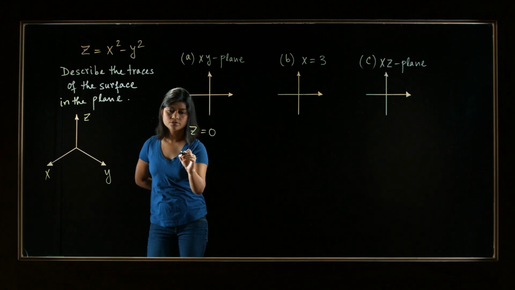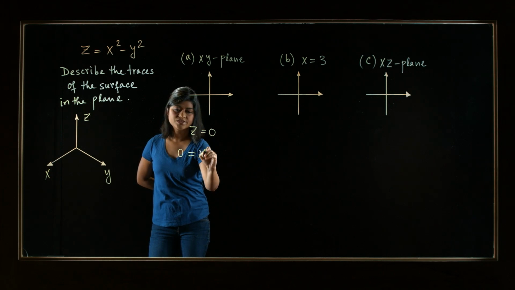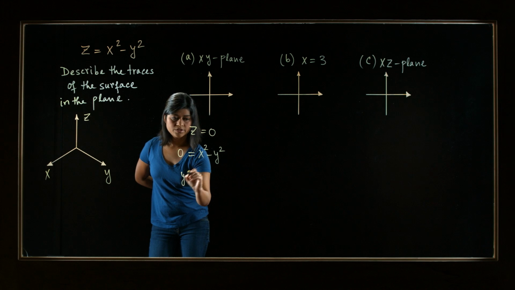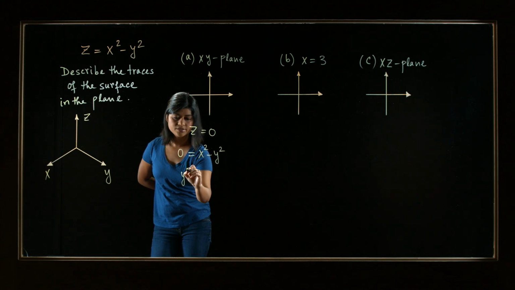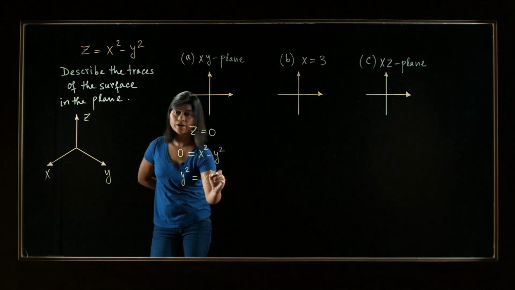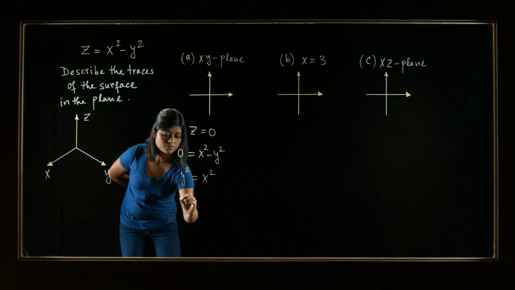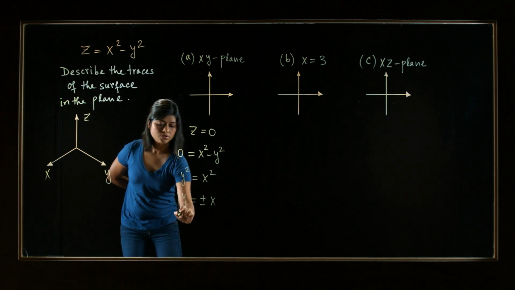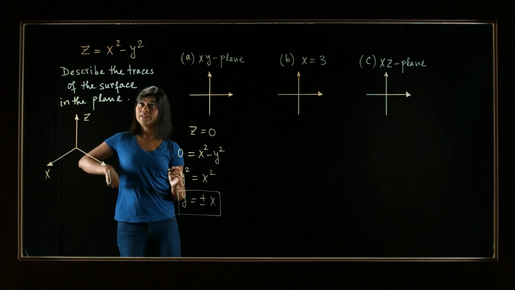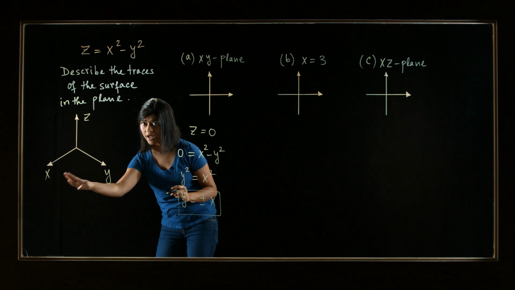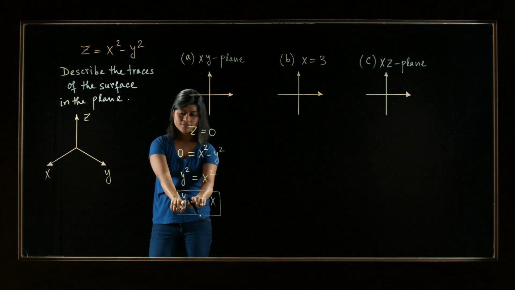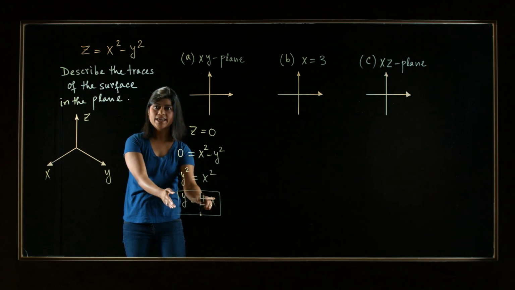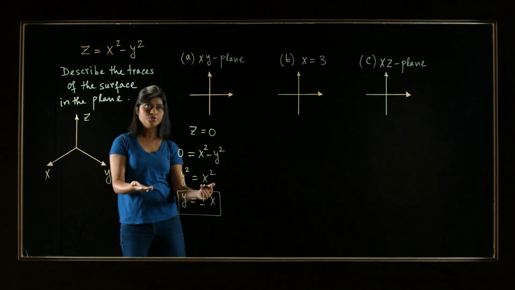Plugging in z equals 0, we get 0 is equal to x squared minus y squared. Bring the y squared to the left hand side, so you get y squared is equal to x squared, and then solve: y is equal to plus or minus x. Therefore, when this surface intersects the xy plane, you get these curves. And what are they? y equals positive x and y equals negative x. They're lines.